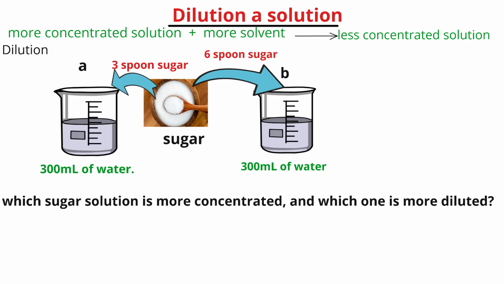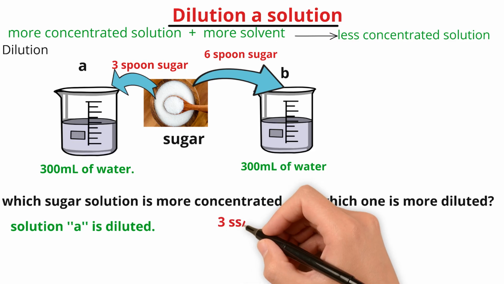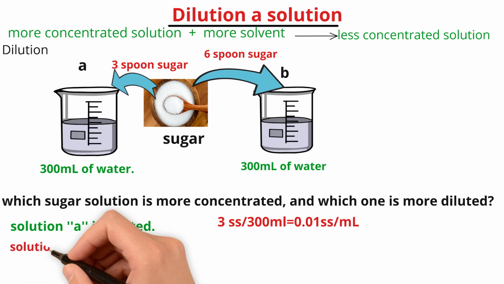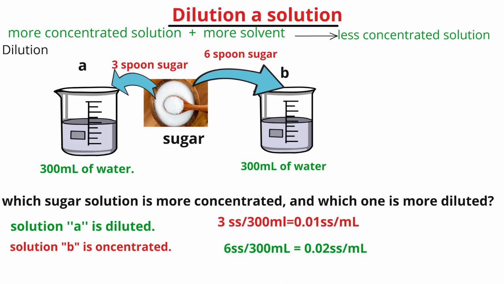Solution A is diluted because 3 spoons of sugar over 300 ml of water is equal to 0.01 spoon sugar per ml. But when you come to B, solution B is concentrated because it contains 6 spoons of sugar in 300 ml, which is equal to 0.02 spoon sugar per ml. This 0.02 spoon sugar per ml is greater than 0.01 spoon sugar per ml.